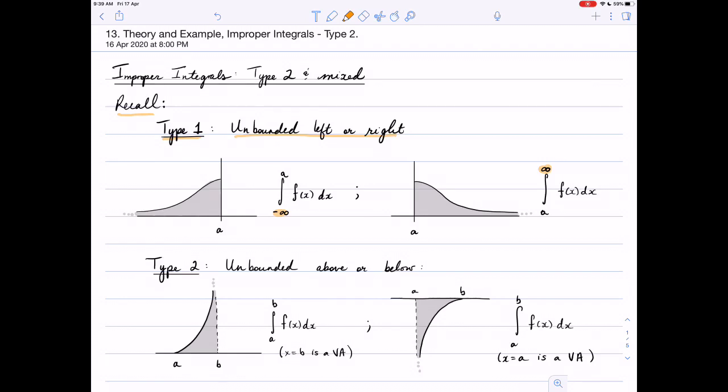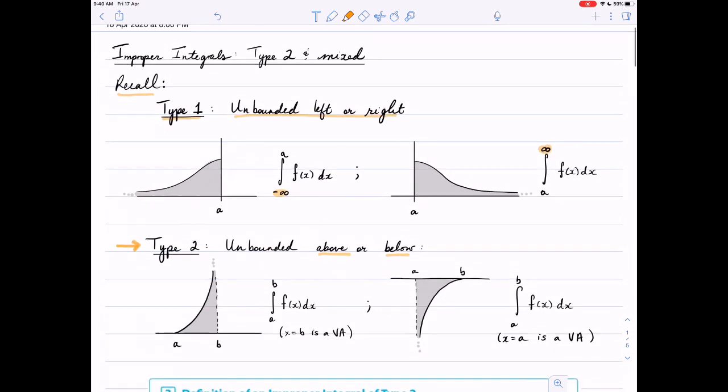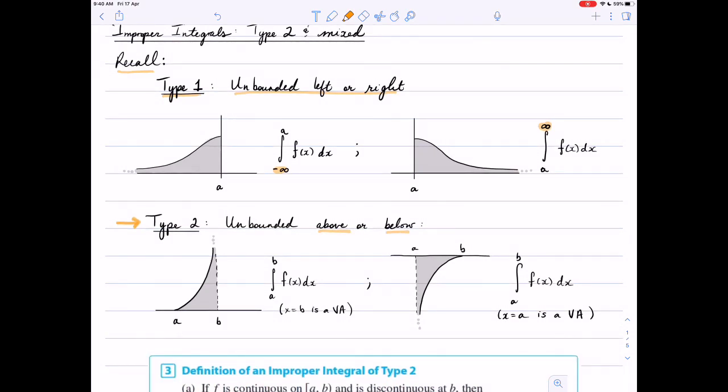Type 2 is what we're going to concentrate on today, with one sort of mixed example at the end. Type 2 integrals are unbounded above or below, and they are more difficult to recognize. They are more difficult to recognize just by the integral, because the integral of an improper type 2 looks normal.